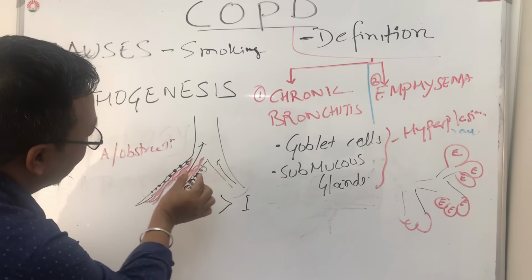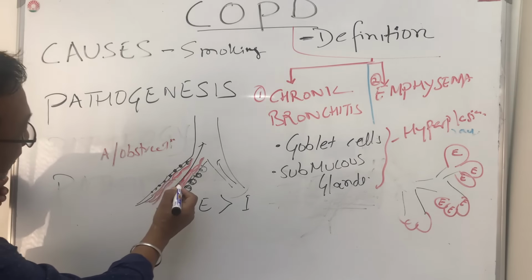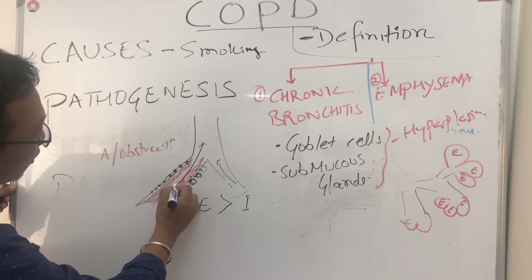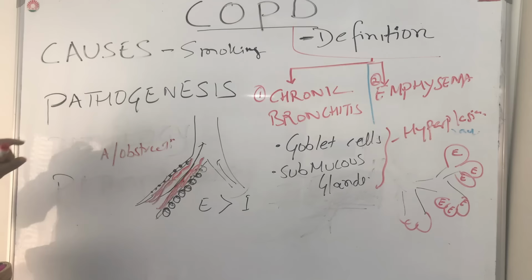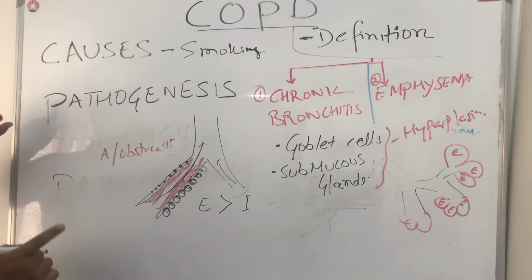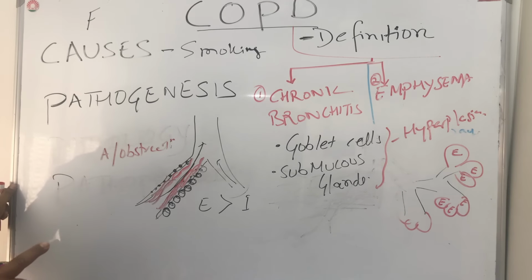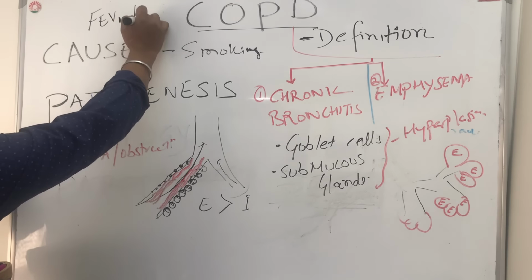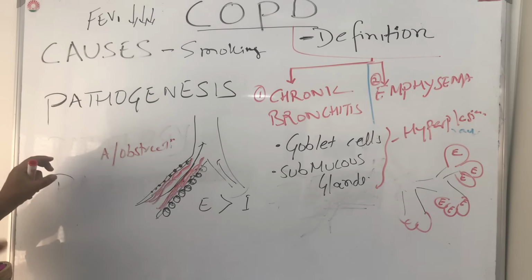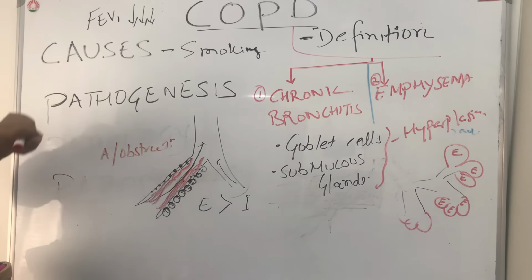Because of that smaller diameter, plus the abundant mucus, obstruction is worse during expiration. That's why in COPD cases the patient has difficulty in expiration of air, that is, forced expiratory volume in 1 second is significantly reduced. That explains why the FEV1/FVC ratio decreases in obstructive pulmonary disease or COPD.